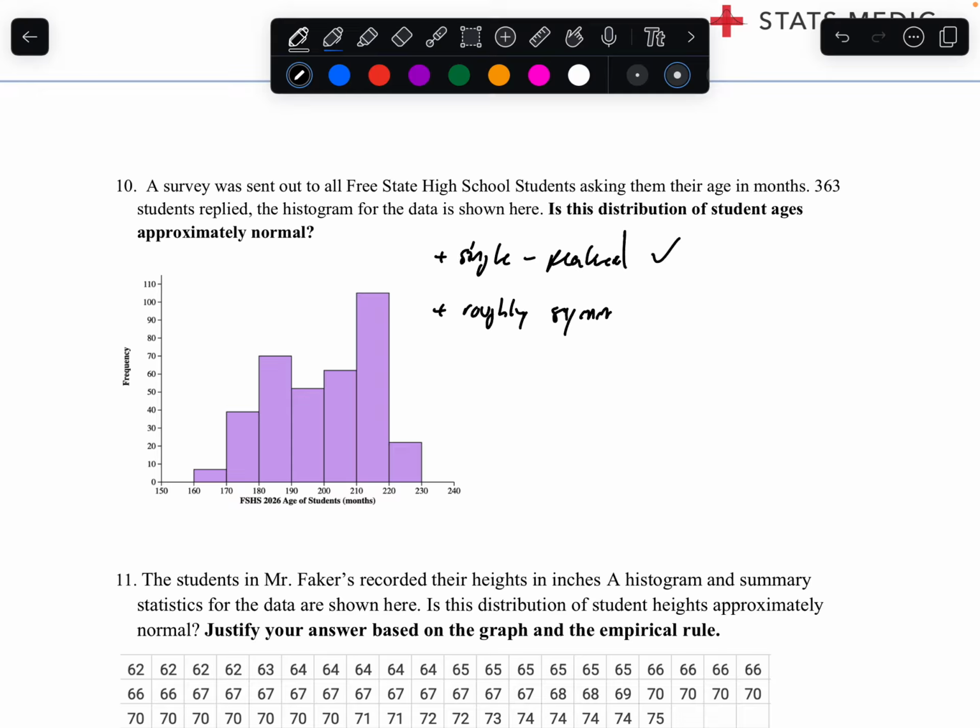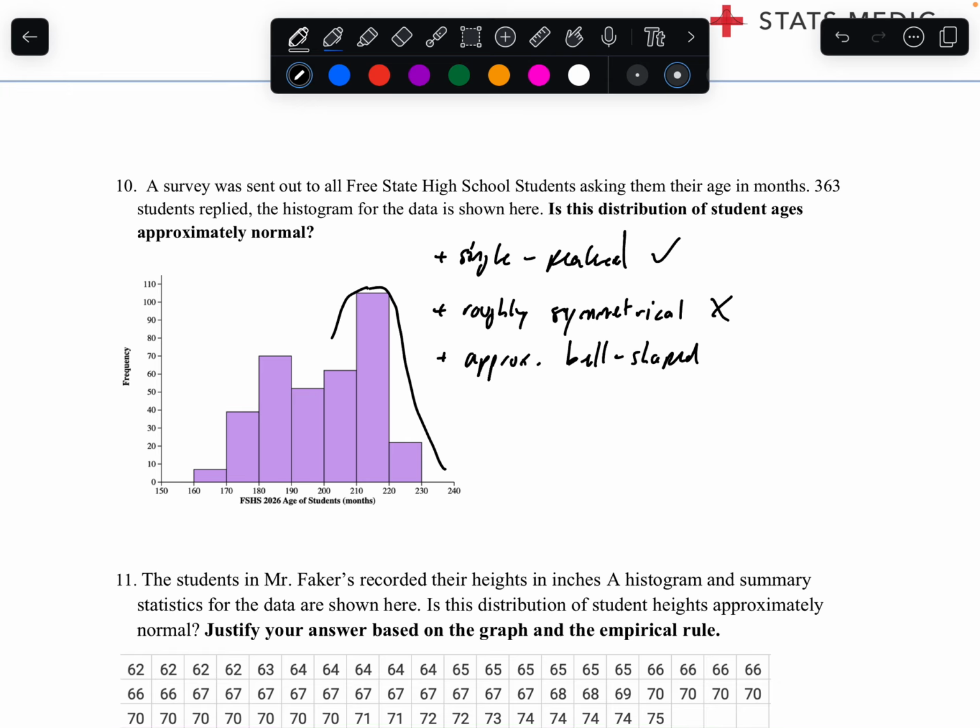Sorry about my handwriting here, but you'll figure it out. Which this is not. And then is it approximately bell-shaped? And so if we run that curve through here, is that bell-shaped?